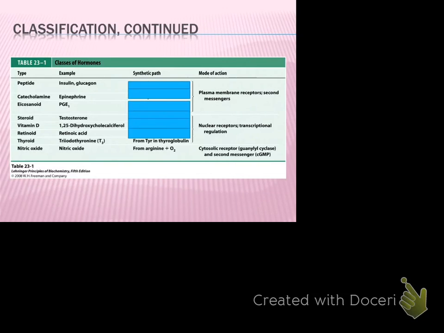But we're going to start with the peptide hormones. I do expect you to know examples. For example, insulin and glucagon are the classic textbook examples given for peptide hormones. So their synthetic pathway, since they're a peptide, obviously they're translated. They come from translation of genes. But how else are they synthesized?